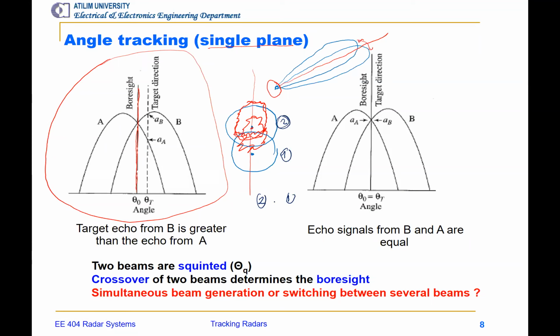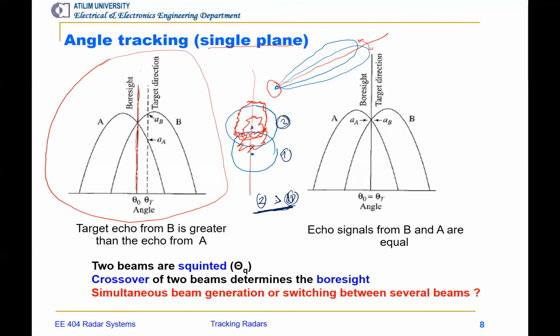Okay, so this means that I have to move the antenna, so the bore side, up, in order to try to get almost zero difference between the two signals. So we try to minimize the signal difference simply. In order to minimize the signal difference, we move the bore side of the antenna accordingly.